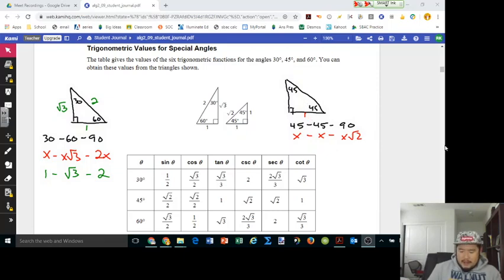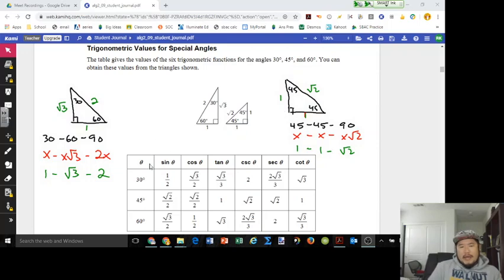So since we said that side opposite of 45 is 1, or the length of the leg is 1, the length of the other leg is 1 as well, because it's an isosceles triangle, then this hypotenuse will be 1 times rad 2, which is rad 2. So now you can go ahead and see, as I draw our triangle, it ends up looking the same as what we have right here.